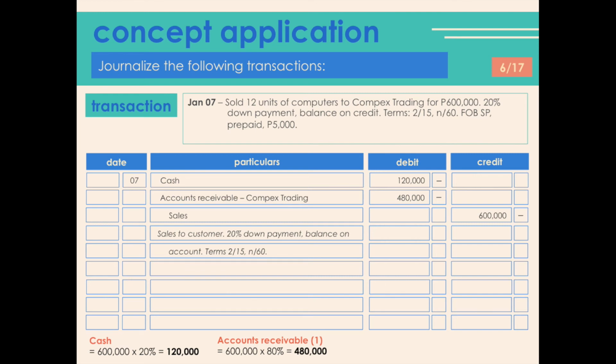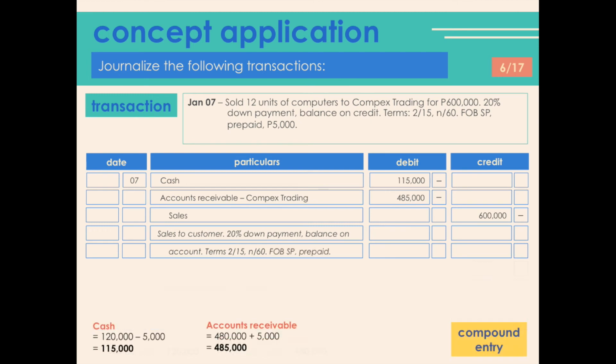Again, since the freight term was included, we have to check if an entry is necessary in our books. FOB shipping point means that the buyer, Compex Trading, will shoulder the freight cost, while prepaid means that the seller, or in this case the company, will make the cash payment first. So to record this entry, we debit accounts receivable Compex Trading and credit cash for 5,000 pesos each.